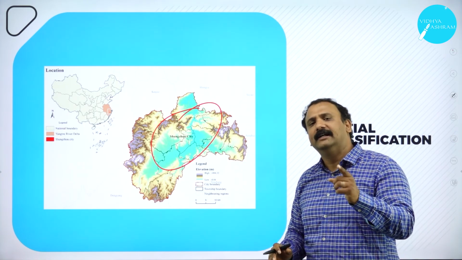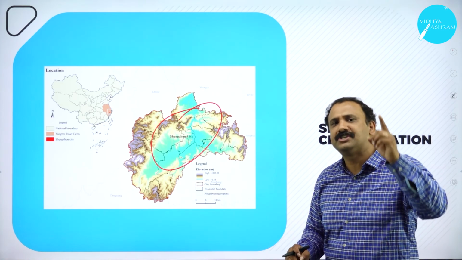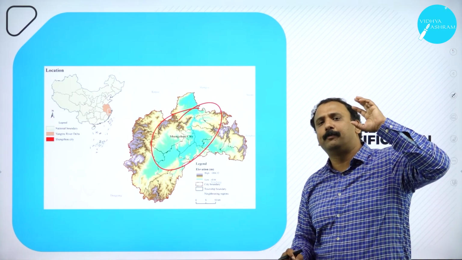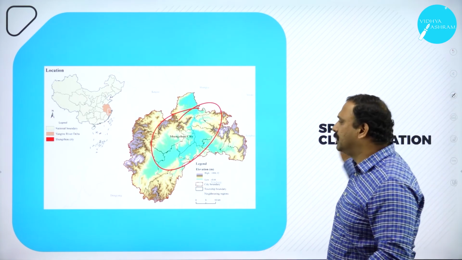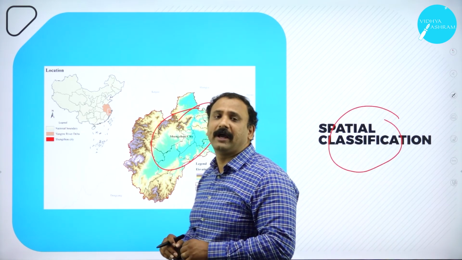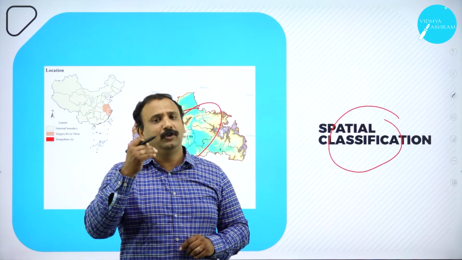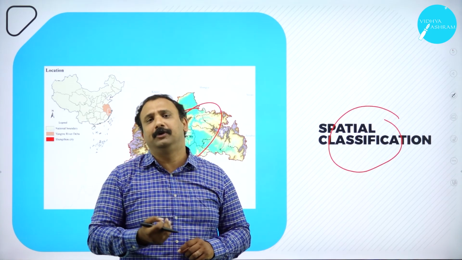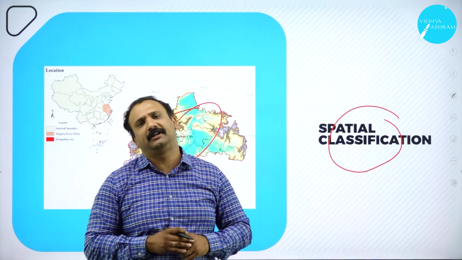So any data that is going to be represented in the form of geographical location classification, where you're going to put in all the geographical dimensions about that place, we are going to use this word called spatial classification. So that is why spatial classification matters a lot. Many a time when you have been reading maps, travel guides, tourism guides, you will see a lot of spatial classification.